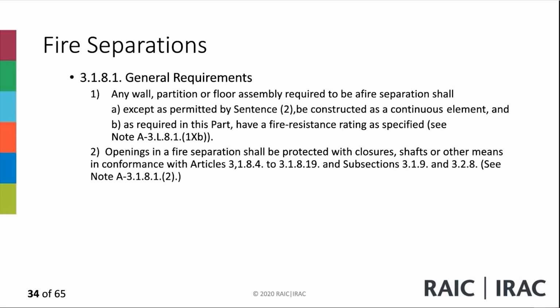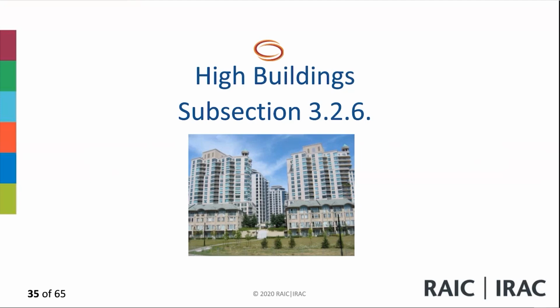And there is a whole slew of articles for the different types of openings, for duct openings, conductors, conduits, through penetrations, and also if we have fire separations contiguous to each other, they need to each be a continuous element. So these are the general requirements for fire separations and fire resistance rating. Any questions on that?